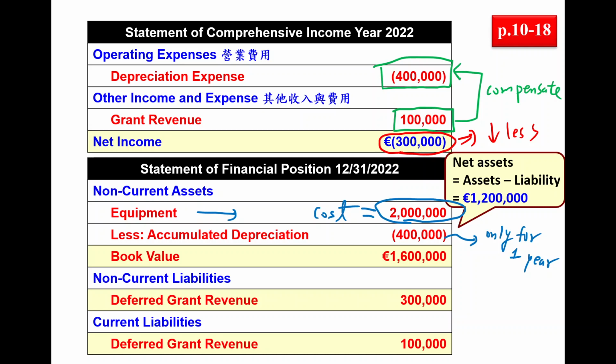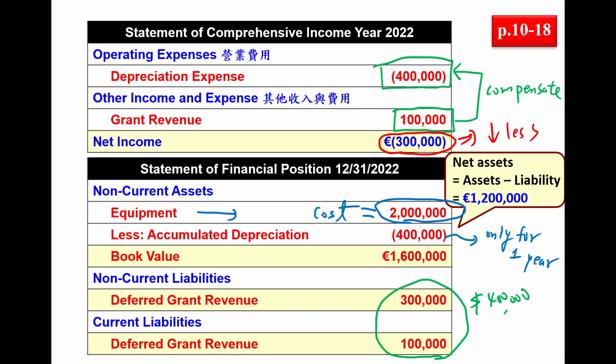So totally, you still have $400,000 liabilities, but what you have to do within 1 year is 100,000. The others after 1 year. Okay, any questions? No problem.